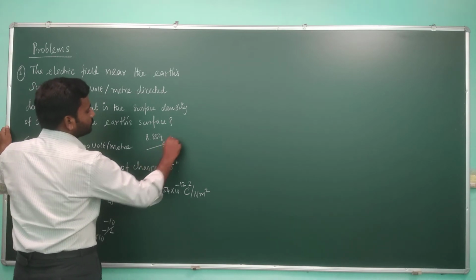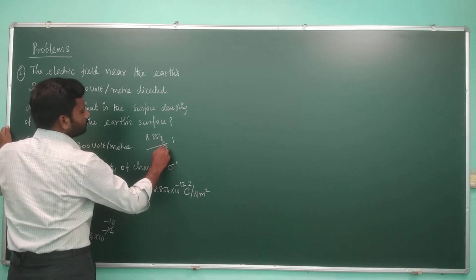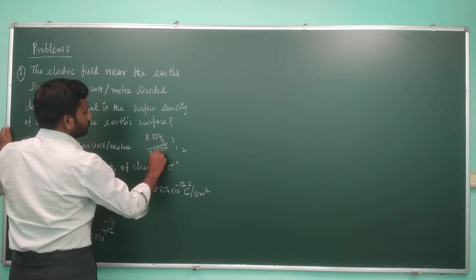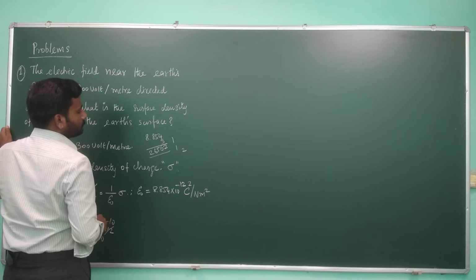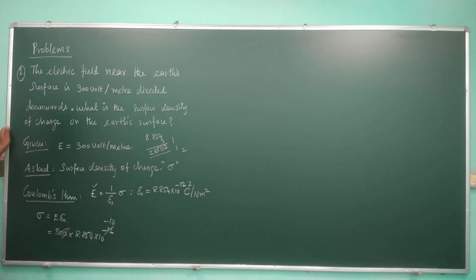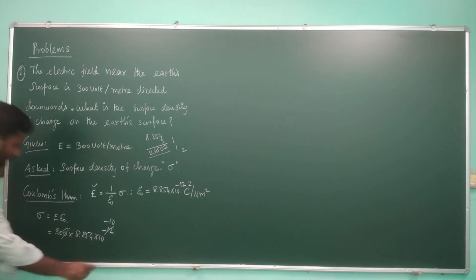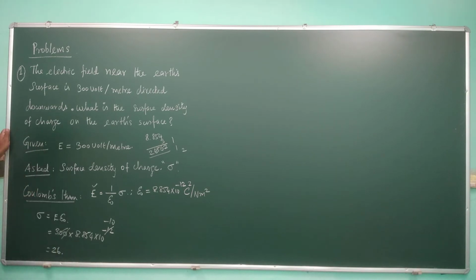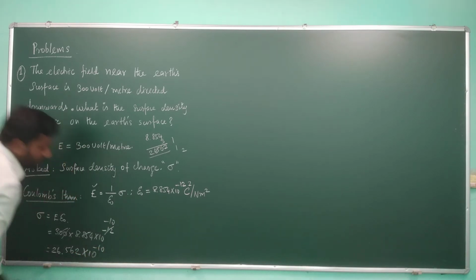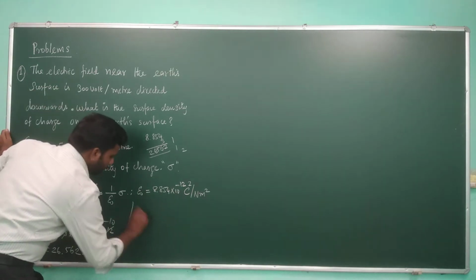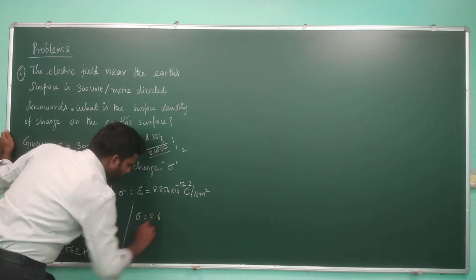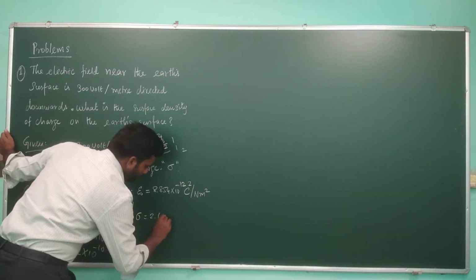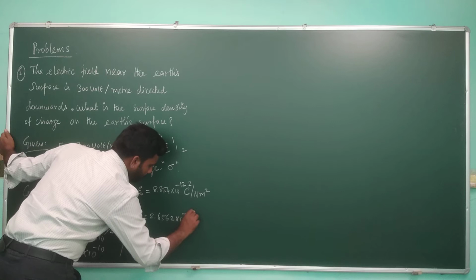So this becomes 26.562 multiplied by 10 power minus 10, or you can write sigma equal to 2.6562 into 10 power minus 9.